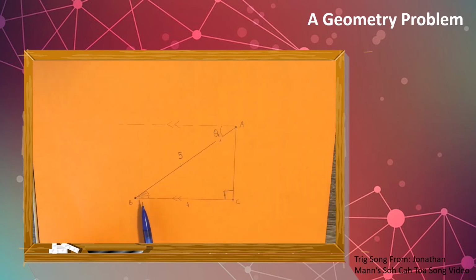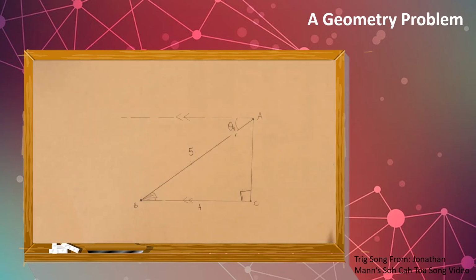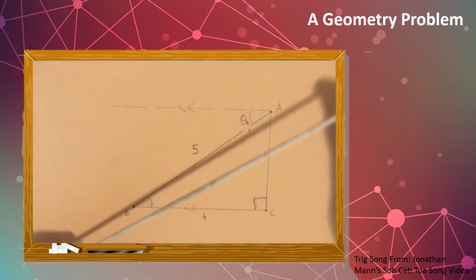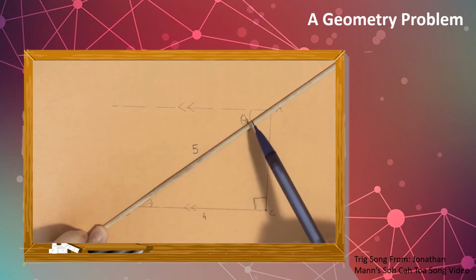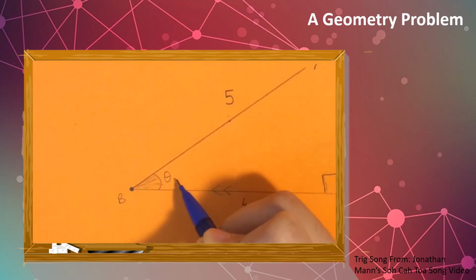The question states that this line is parallel to this line. Remember the alternate interior angles theorem. If you could recall, this angle should be equal to this angle. Stick goes here, and these 2 would be equal. Let's call this angle theta 2.